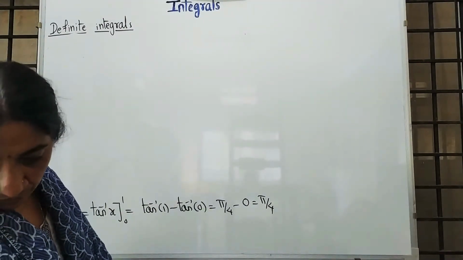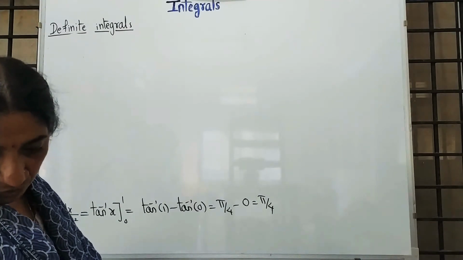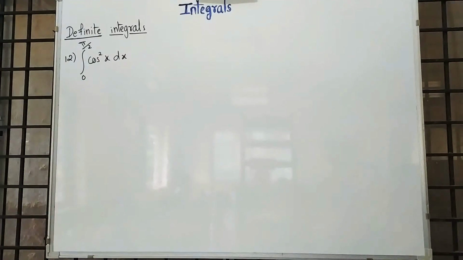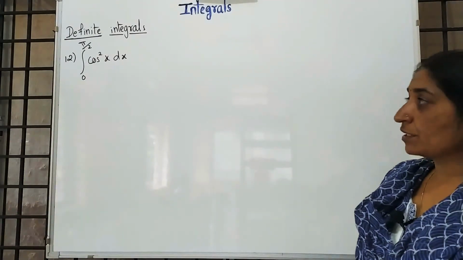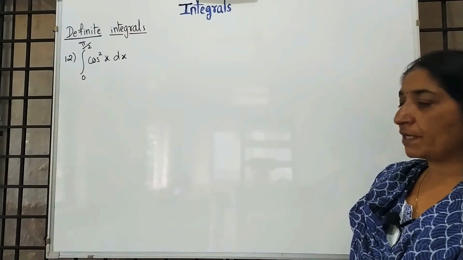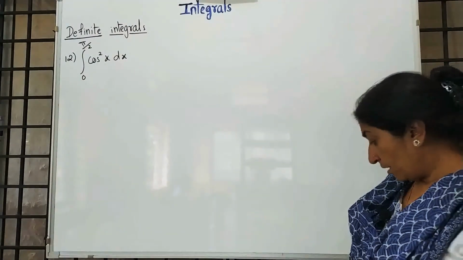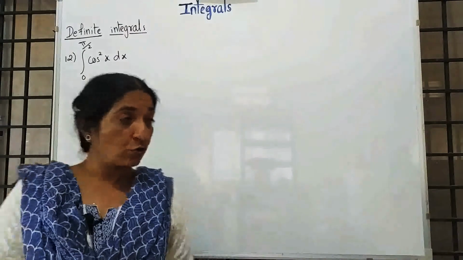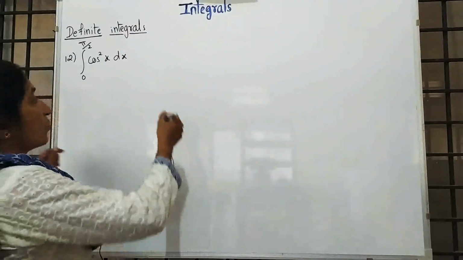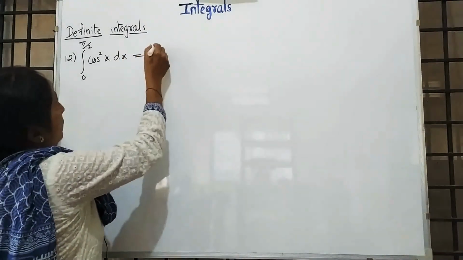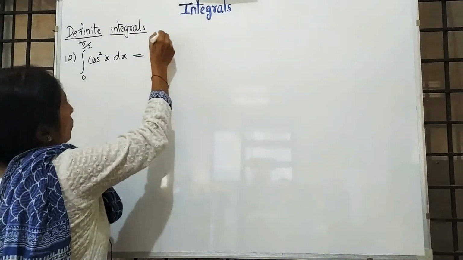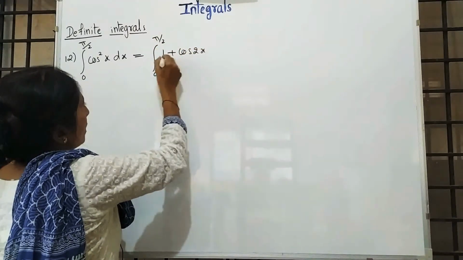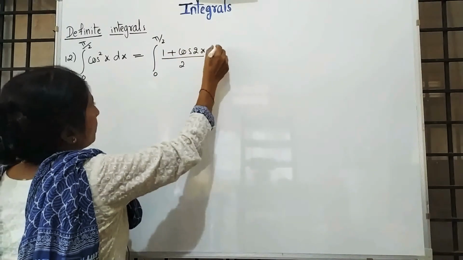The 10th we completed. Now we are moving to the 12th one, integration from 0 to pi by 2 cos square x. We are not familiar with integration of cos square x, but we can convert cos square with the help of multiples: 0 to pi by 2, 1 plus cos 2x whole divided by 2.